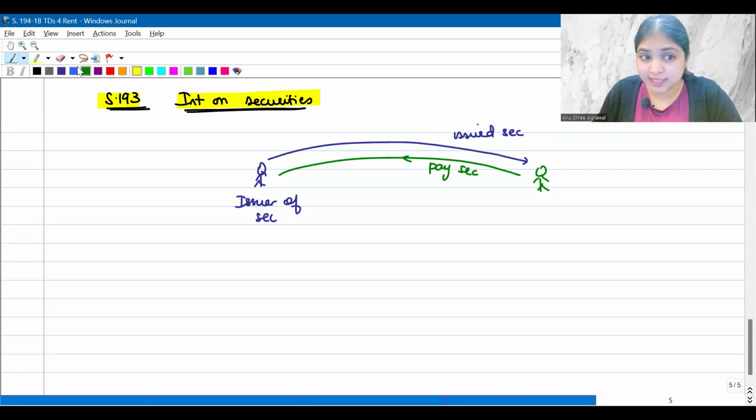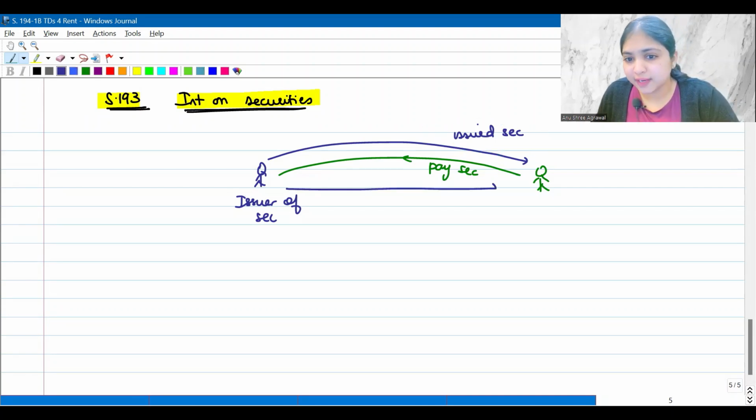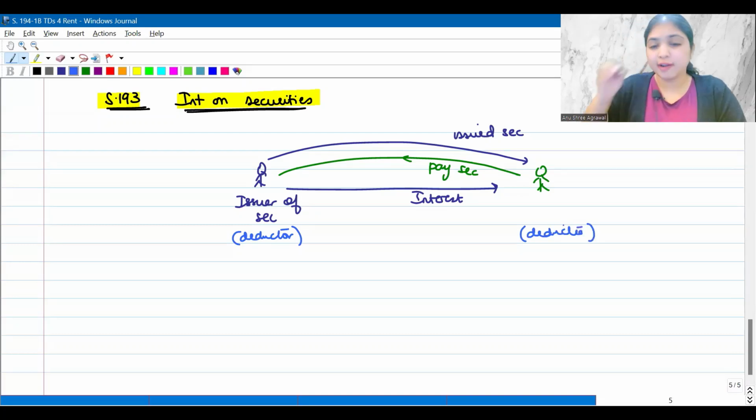Now, with respect to these securities, Blue will give interest to Green, right? And this interest becomes an income for Green, and for Green the source of the income is this issuer. So at the source, tax is going to be deducted, so Blue will become the deductor of tax and Green will become the deductee of tax. All right, guys. So point number 1, under section 193 we're talking about interest on securities.